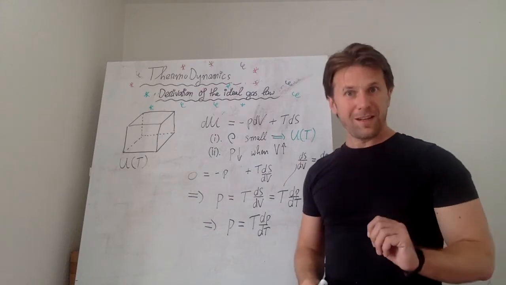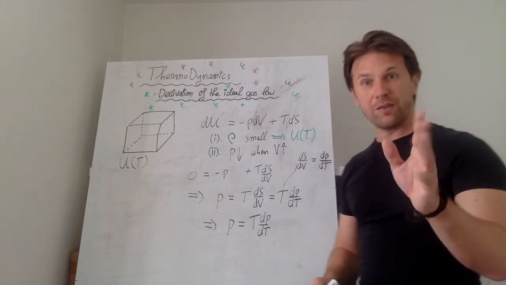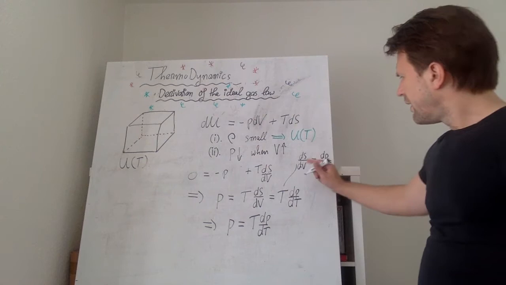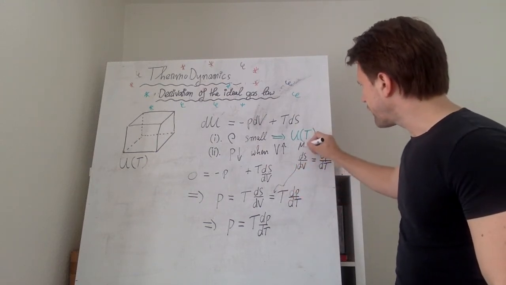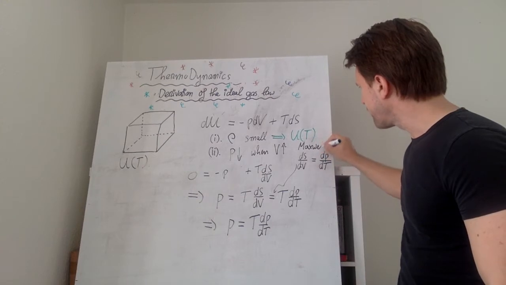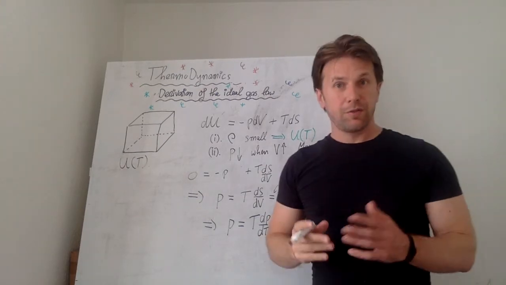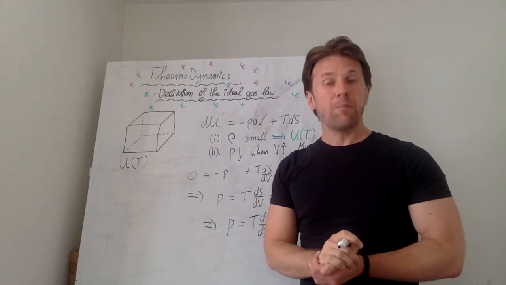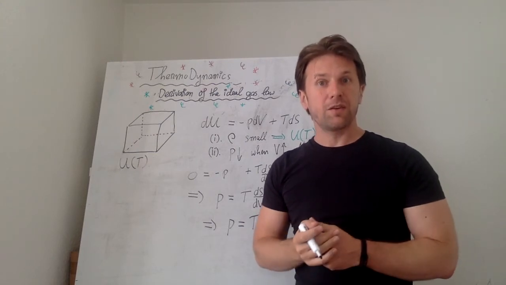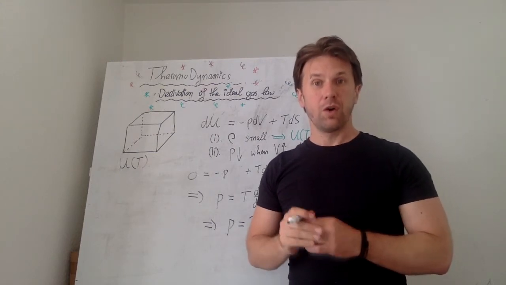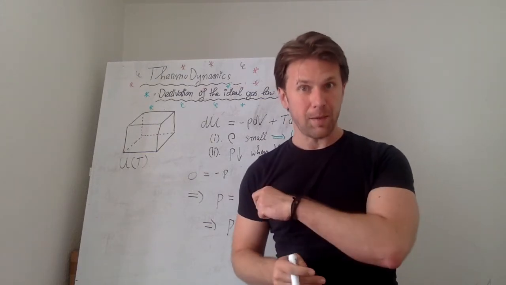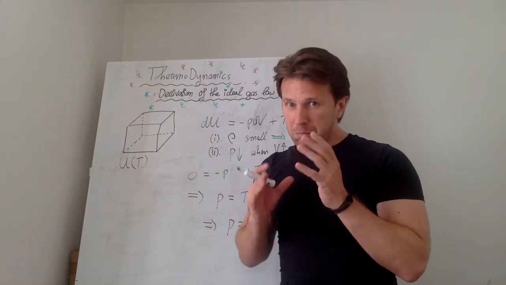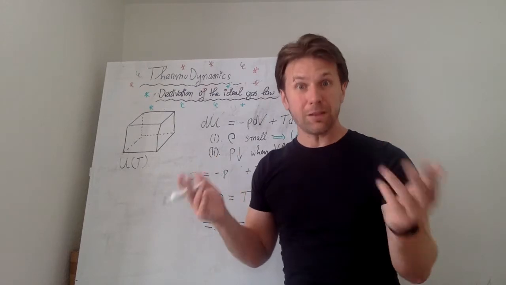I'm going to solve that in a moment, but first let me address this point, because all of a sudden I used here this strange rule. It's called a Maxwell relation. Some history. James Clerk Maxwell was a Scottish theoretical physicist in the 1800s who worked in his career on thermodynamics and on electrodynamics, and he's most well known for his work in electrodynamics.